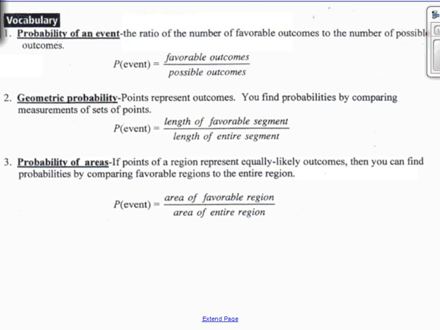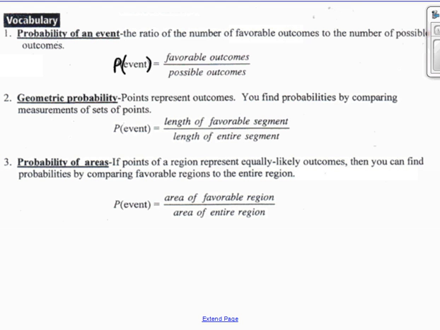So probability of an event is probably what you have learned in elementary school, middle school. That's where you have the marbles in the hat, the socks in the drawer. The notation for it is a capital P, and you would write whatever you want in the parentheses.